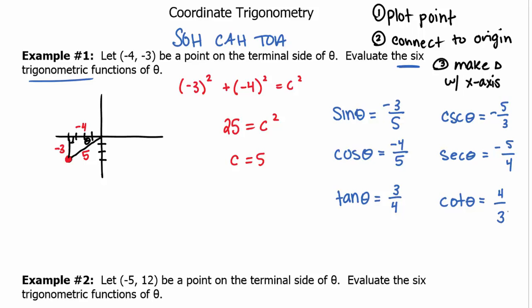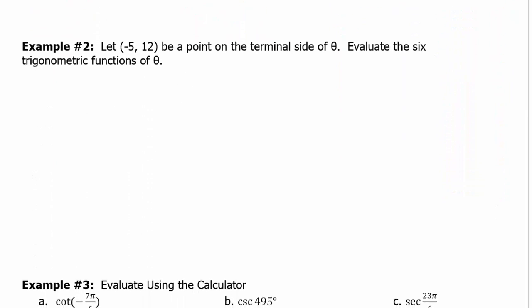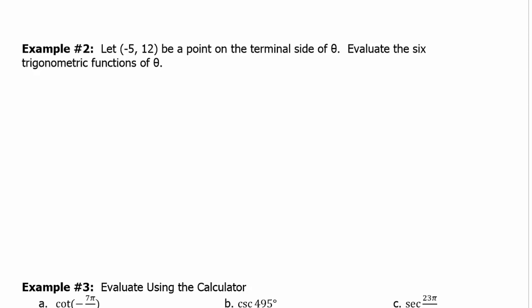Alright, so the only new piece here is that you have to draw it in the right spot, because we're looking at a point that's on the terminal side. So here I have (-5, 12). So that's -1, 2, 3, 4, 5, and 12. Okay, it doesn't even really have to be exact.